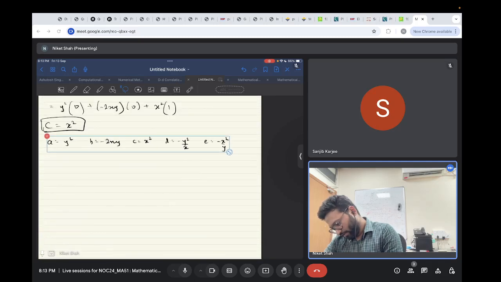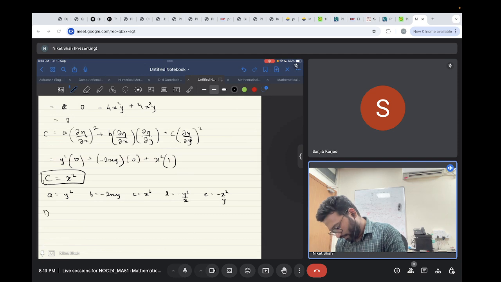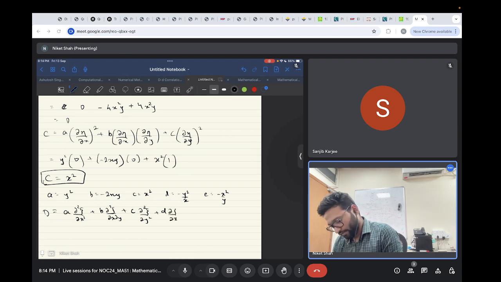I'll keep these constants here because then they come out handy when I'm trying to write these equations out. D is what? A into ∂²ψ/∂x² plus B into ∂²ψ/∂x∂y plus C ∂²ψ/∂y² plus D into ∂ψ/∂x plus E into ∂ψ/∂y.